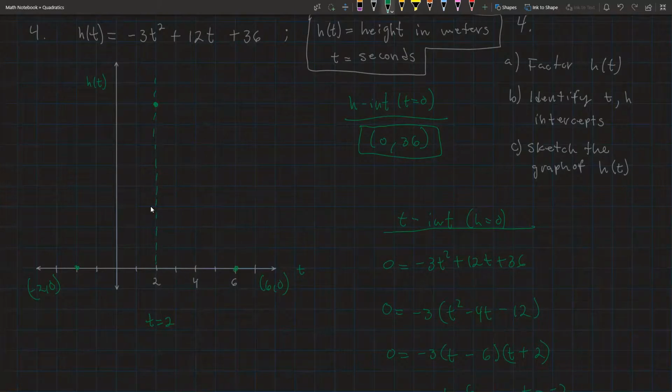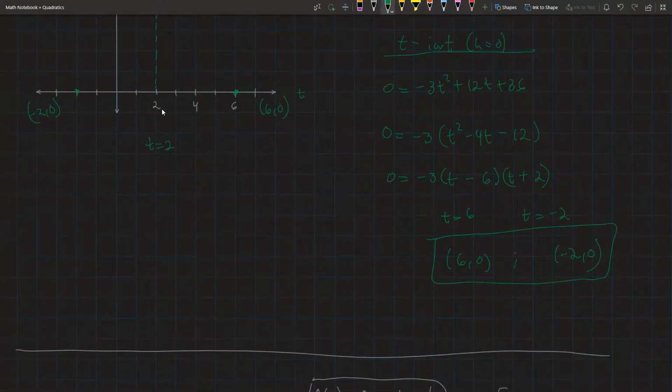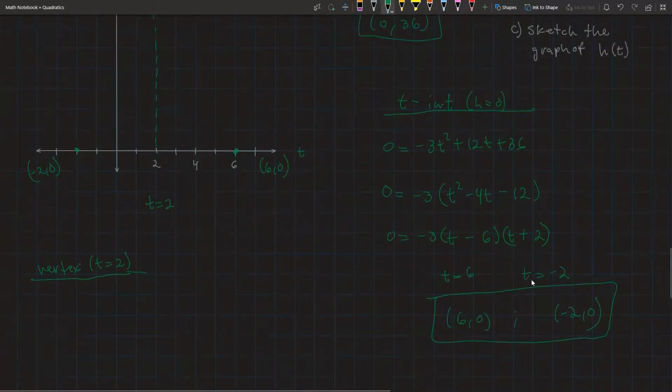But let's figure out what that highest point is going to be. And we know it's the highest point due to the a term being negative. So we're going to figure out the vertex. That occurs when t equals 2. And we said that factoring is very powerful because it makes the calculations easier. So we're going to say the height when t equals 2. The y value when x is 2 is how we used to think about it.